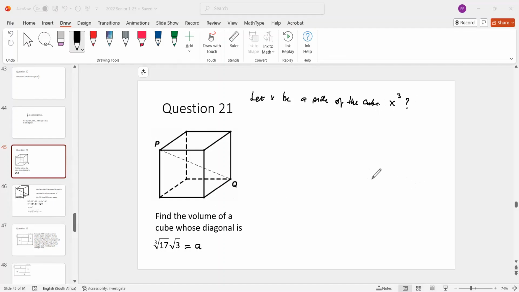Okay, now can I get an equation involving X? We are given the diagonal. Now this is an interesting one. You see, this is kind of a 3-dimensional box. This point P is vertically above the bottom of this box. And if I join where it meets, I join it to Q, then this is vertical, and this line here is actually 90 degrees. The line from P is perpendicular to everything on the floor.